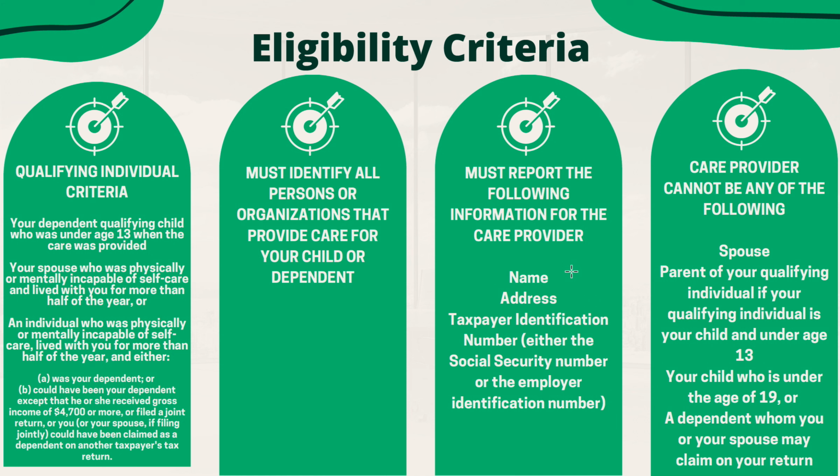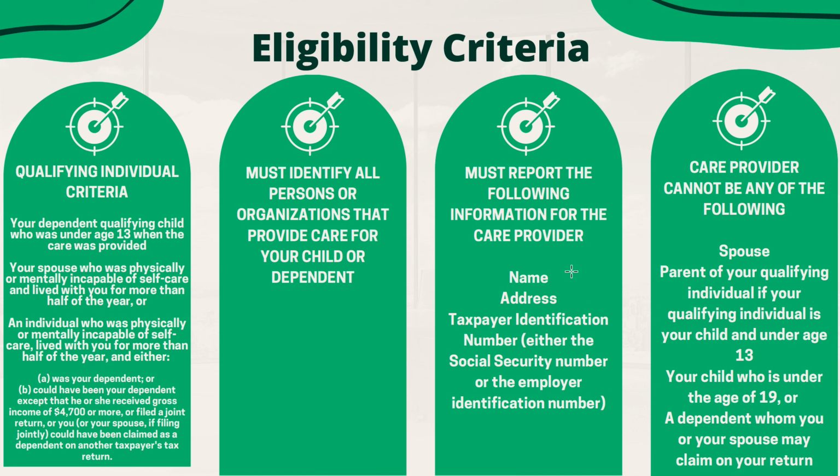If the qualifying individual is your child under the age of 13, the parent, even if you're not married, cannot be a care provider. It also can't be a child who is under the age of 19.